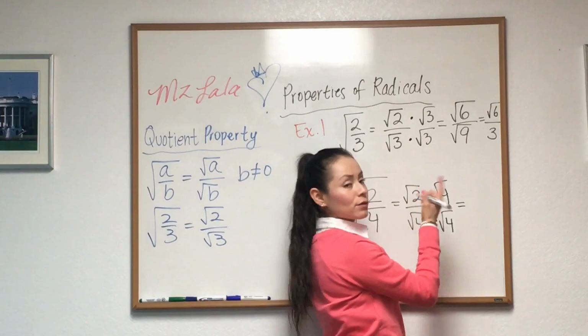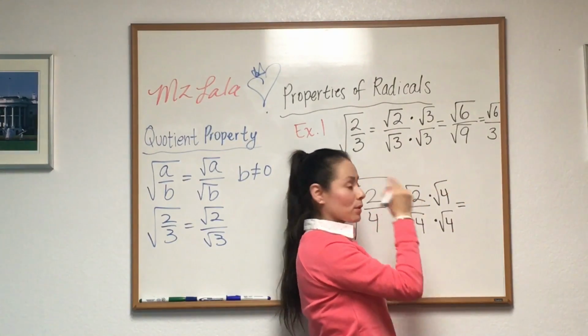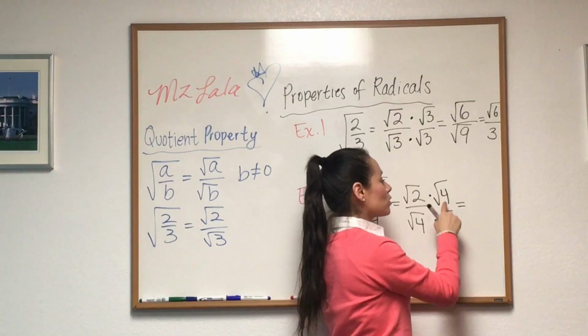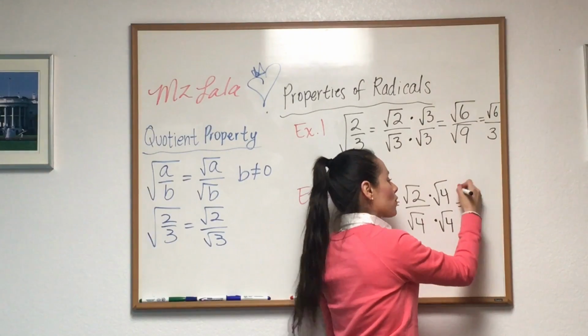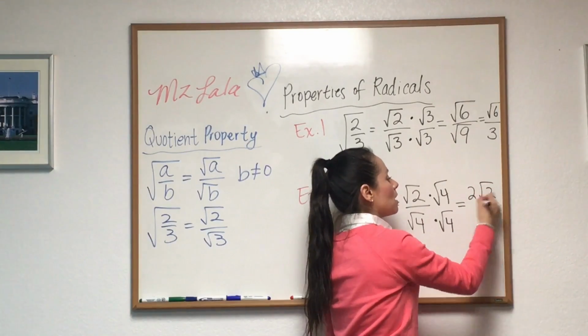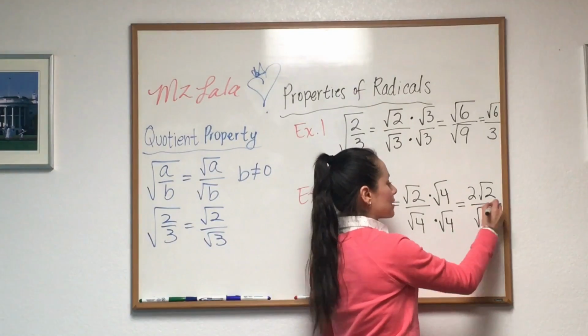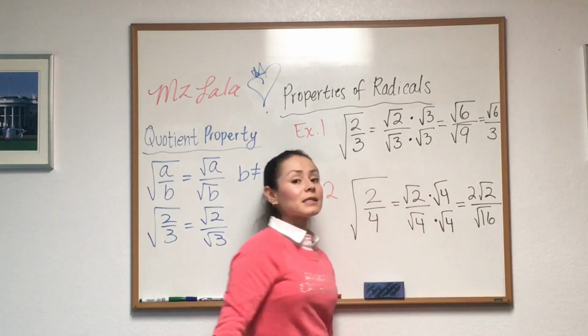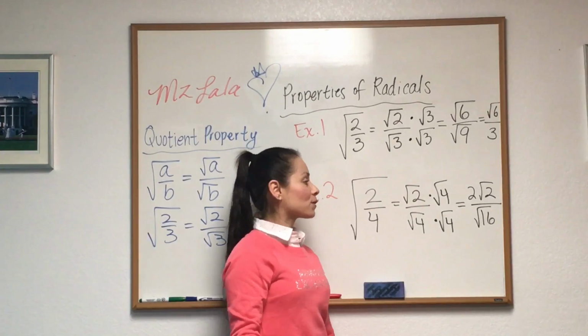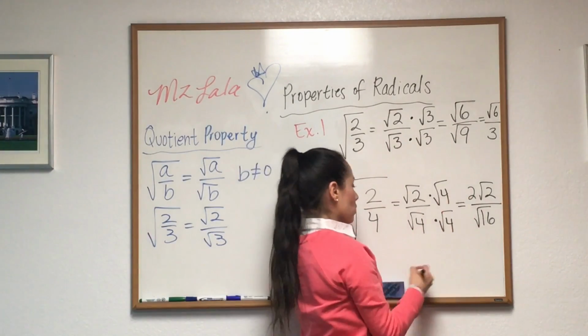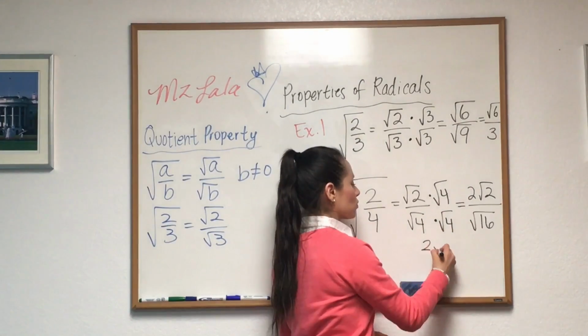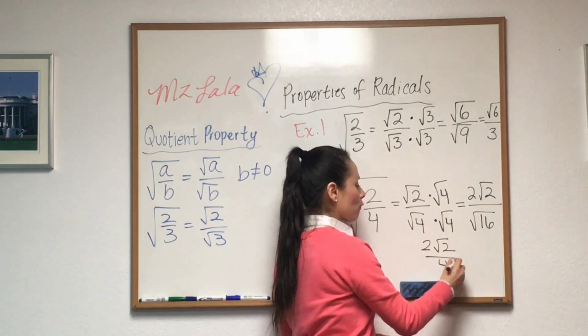Square root of 2, there's no square root of 2, right? Because nothing times itself will give us 2, but the square root of 4 is 2. So this would actually become 2 square root of 2 over the square root of 16, which is really what? 4, right? Because 4 times 4 gives us 16. So our answer would actually be 2 square root of 2 over 4.